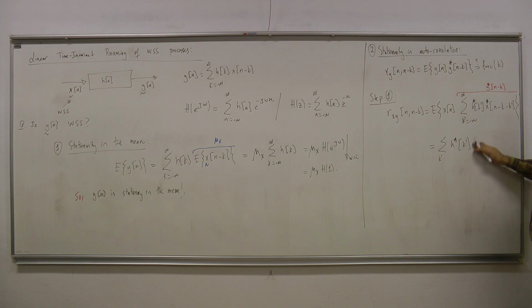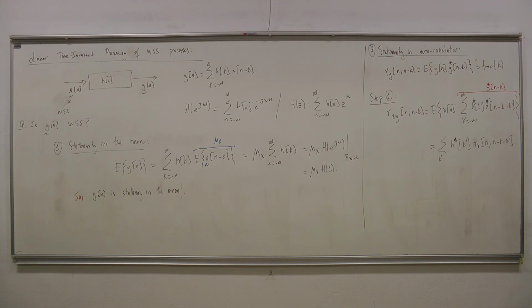I have Rx, by the definition, n minus k prime. Am I right? Well, this is the autocorrelation of this x process. If I take this expectation inside, x of n times the second sampling time is this one, so it's this.